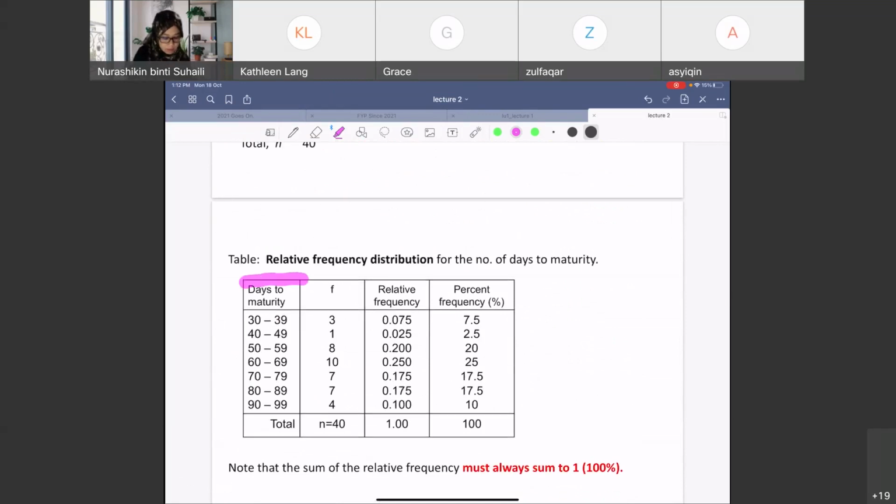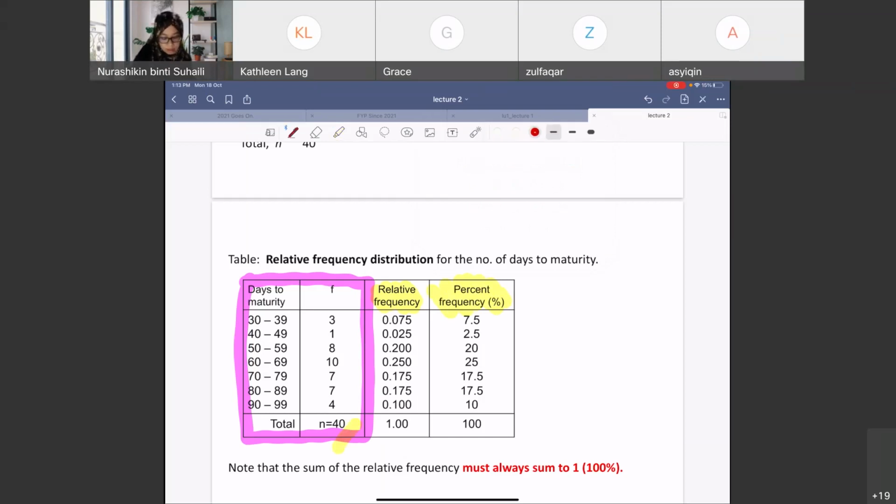So this is what we talked about just now. And as an extension of it, we have this column. We create another column called relative frequency, and also we have the percentage of the frequency. Okay, what does it mean? Now we have the frequency of each class, and we also have the total number, which in this example is 40.